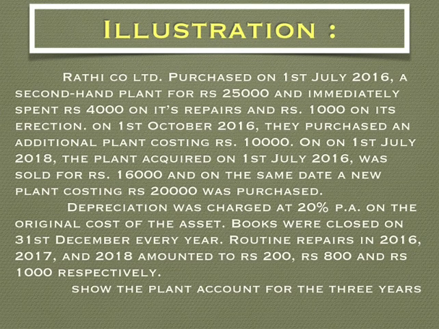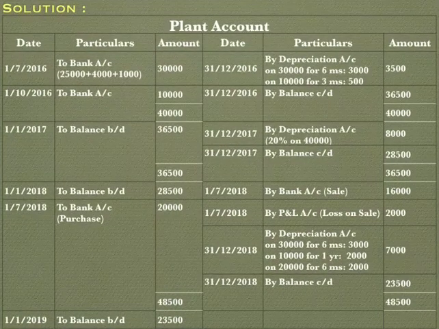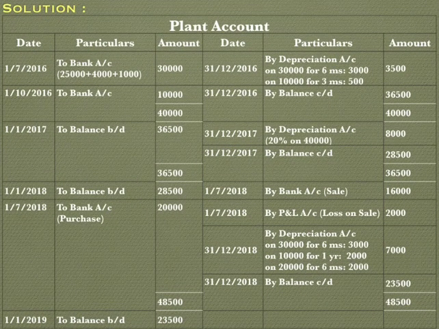So friends, this is our problem. In this problem, very first we will write a solution on 1st July 2016. Now we have to maintain our books from 1st January 2016 and from this date up to 3 years. So we will first write our new purchase. You can see here on 1st July 2016 we have written to bank account. We have to open the plant account. Here two sides are given, debit side and credit side.